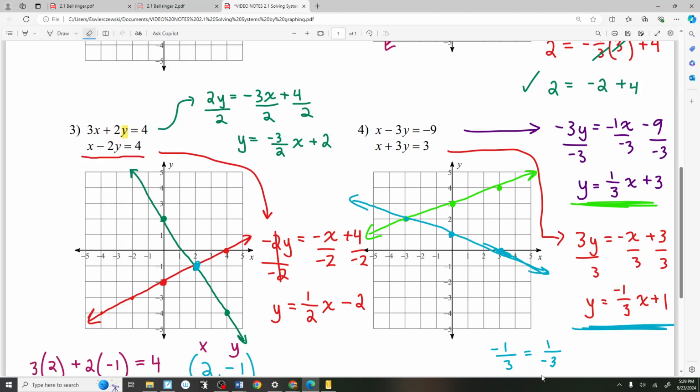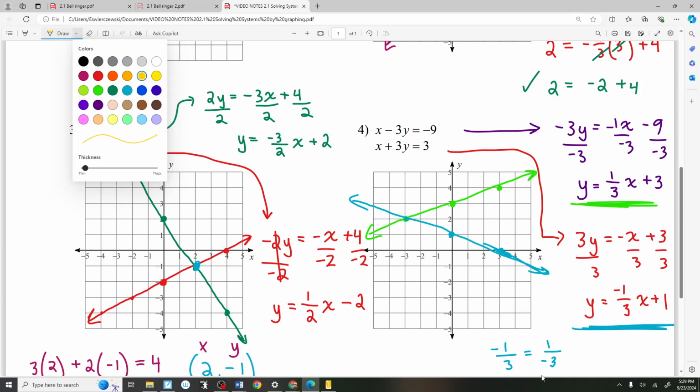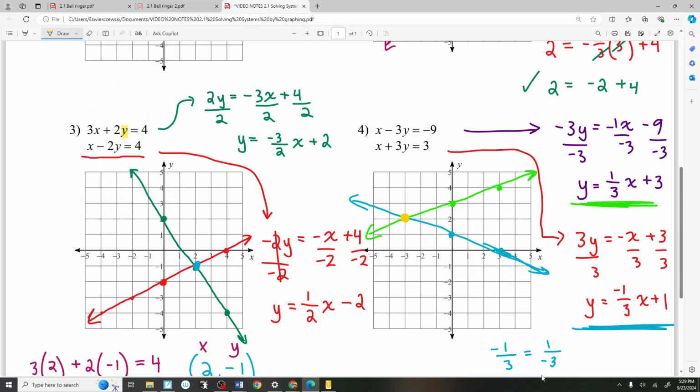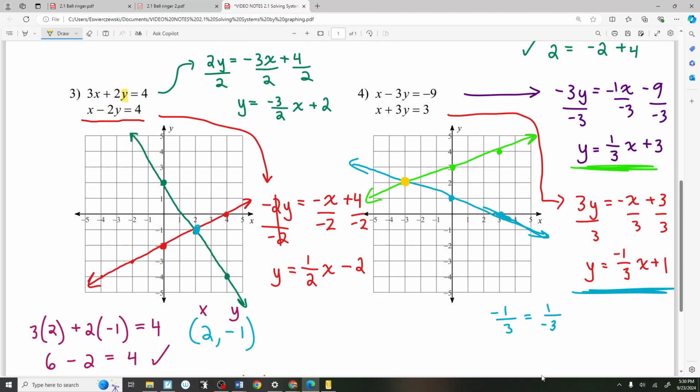And we can tell where these points intersect. They intersect right at this point, which would be negative 3, comma 2.